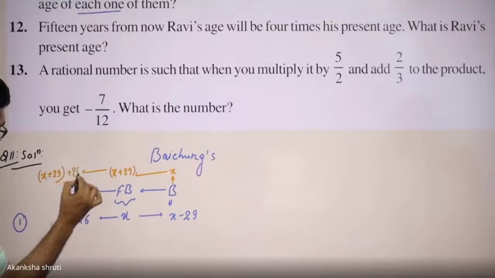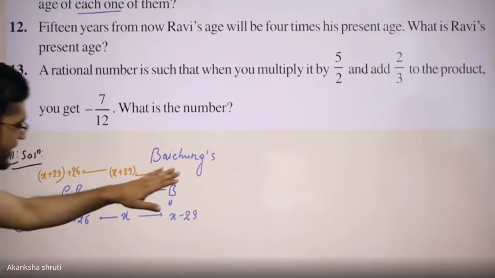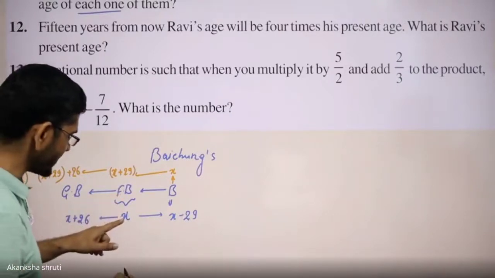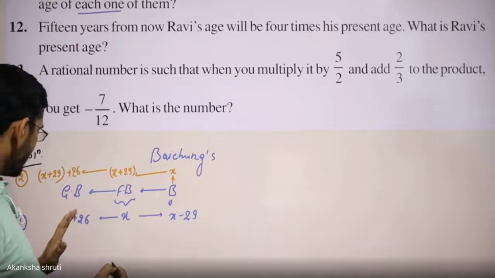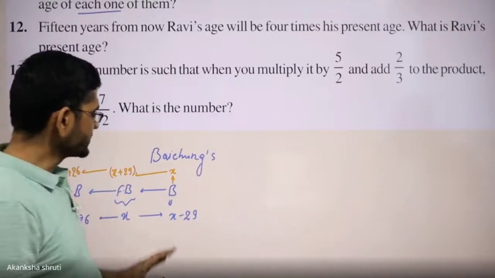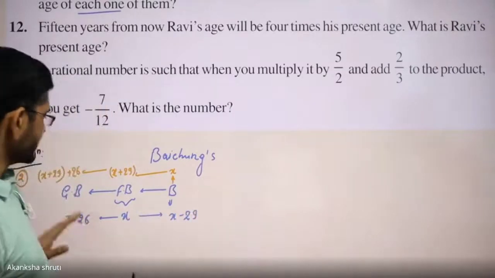26 gets added. So either you may apply method 1, where you assume Bechung's father's age, calculate Bechung's grandfather's age and Bechung's age, and apply the condition.